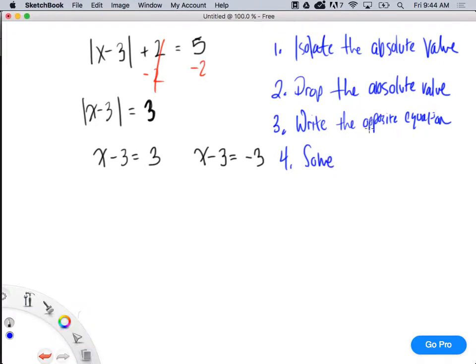You know what, I came... Make the other side negative. That's a better way to say it. Sorry, class. Rather than opposite equation, make the other side negative. That's a better way to say it. Okay? And then the fourth step is solve both equations.